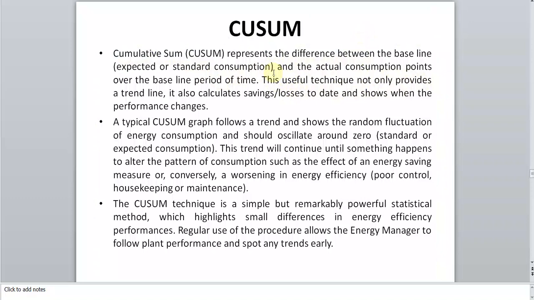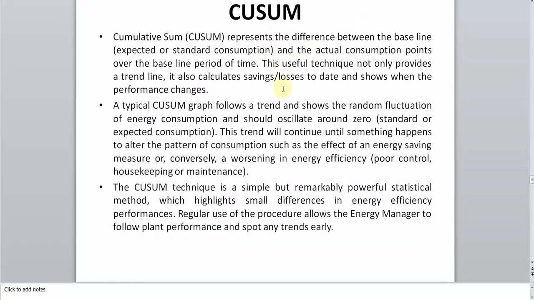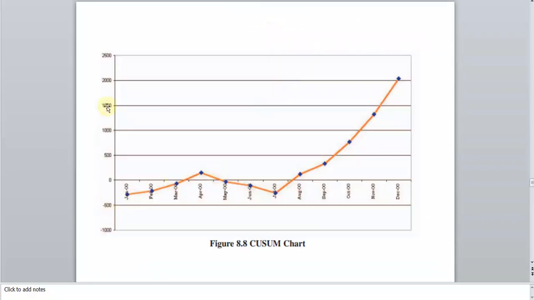In the next slide, I'll show you the diagram of this. Suppose this is a CUSUM plot. Here the zero line is the baseline, and CUSUM is the difference between the actual energy consumption and the standard or expected energy consumption.